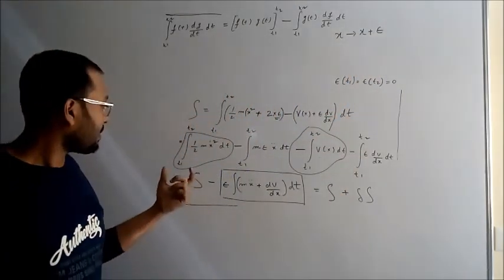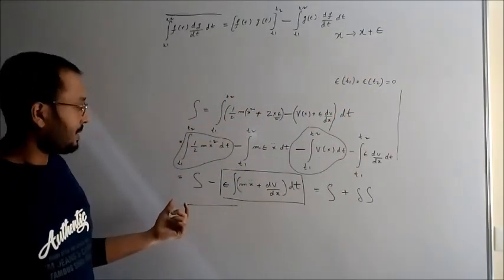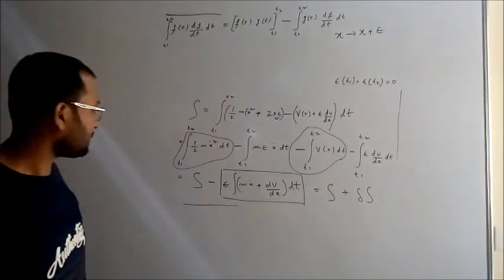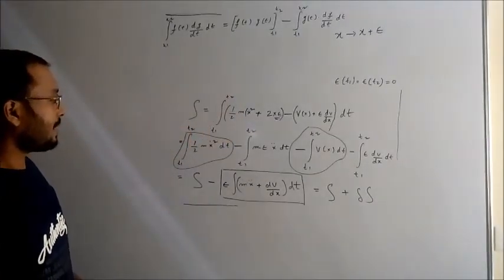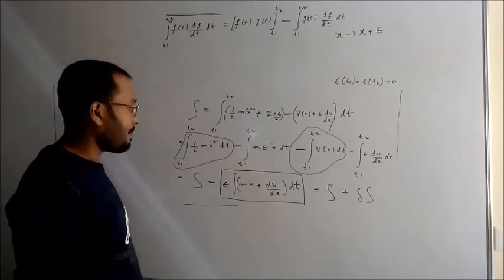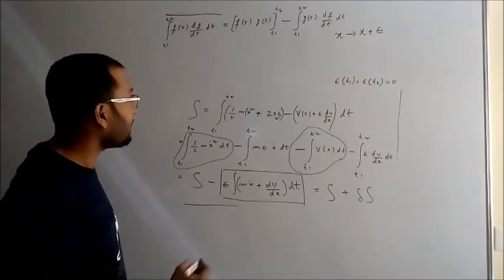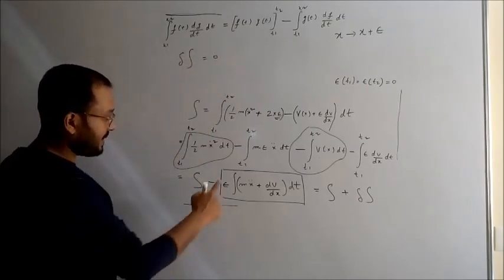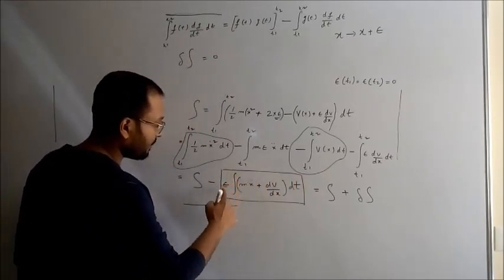So I got back my original action plus something extra, which is the variation in action. And if my path has to be the correct path, the variation in action has to be 0, which means this quantity has to be 0.